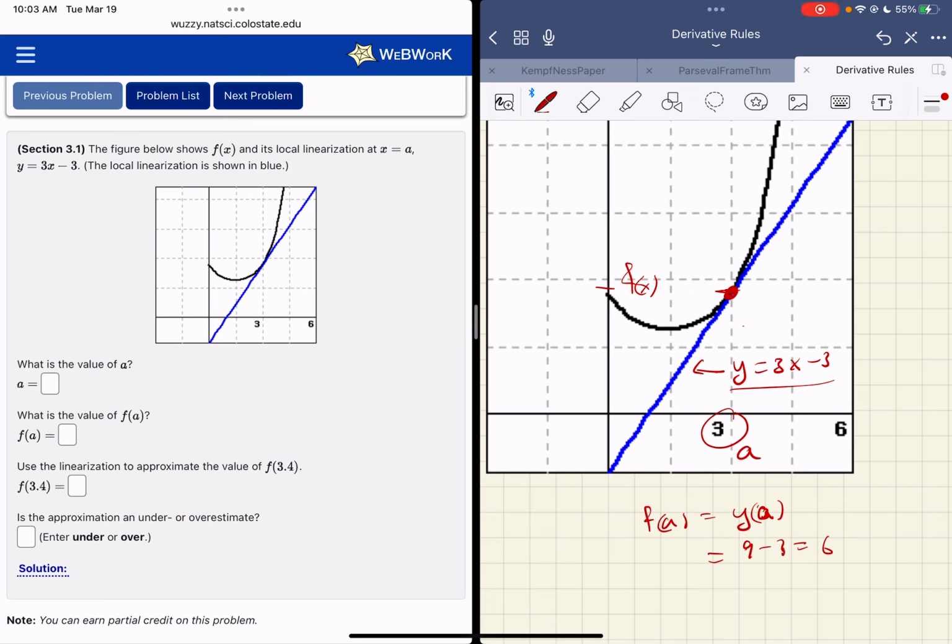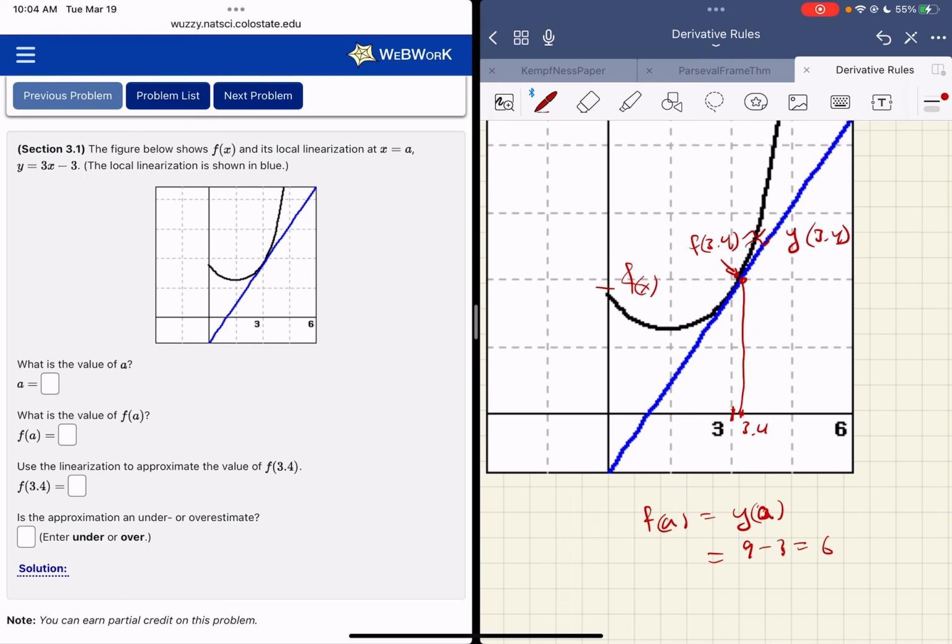And now if you move away from 3, whether I move to the right or to the left, say to 3.4, then the value on the blue curve is pretty close to the value on the black curve, which means f of 3.4, the value on the black curve, is approximately y of 3.4, the value on the blue curve.